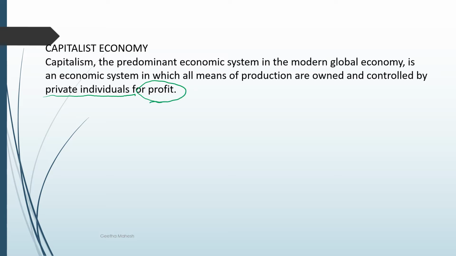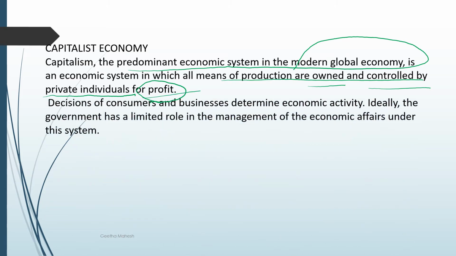You can see capitalism is the predominant economic system in the modern global economy. Here all types of production activities are owned and controlled by private individuals or the private sector, which aims at profit maximization. The decisions of consumers and businessmen determine the economic activities.